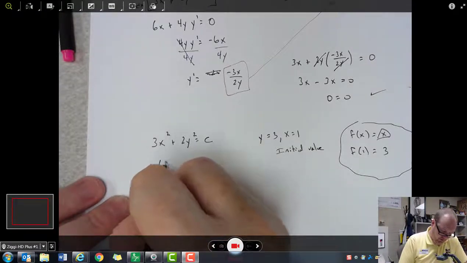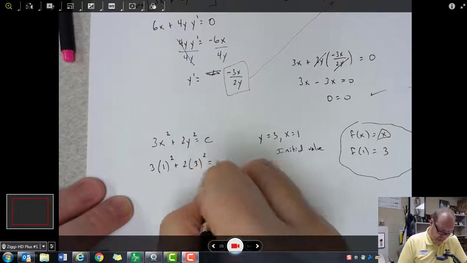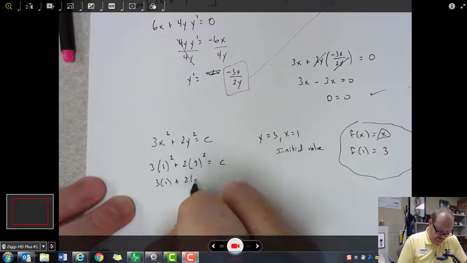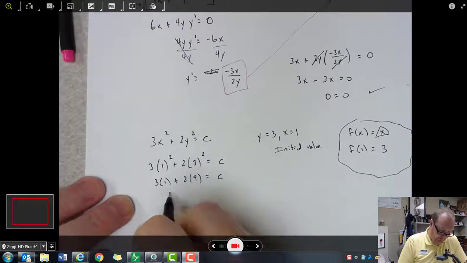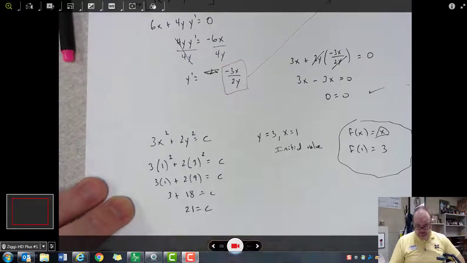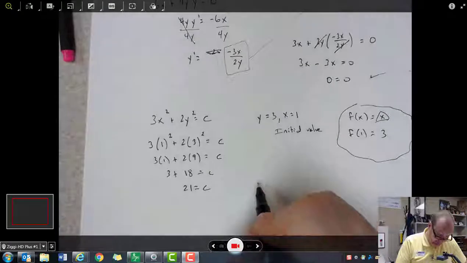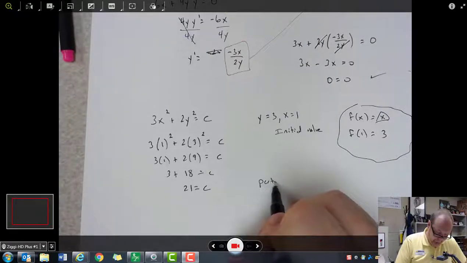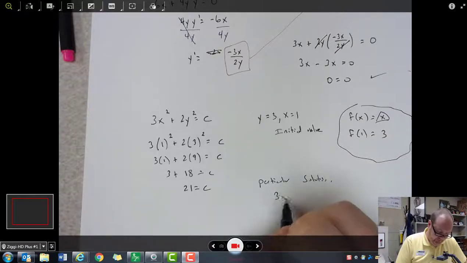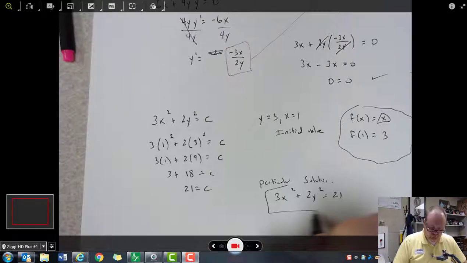So x is 1, y is 3. And I'm going to square all of that. Hopefully my arithmetic is going to be okay. It looks like c is 21. So what that tells me is I have a particular solution that looks like 3x squared plus 2y squared all equal to 21.